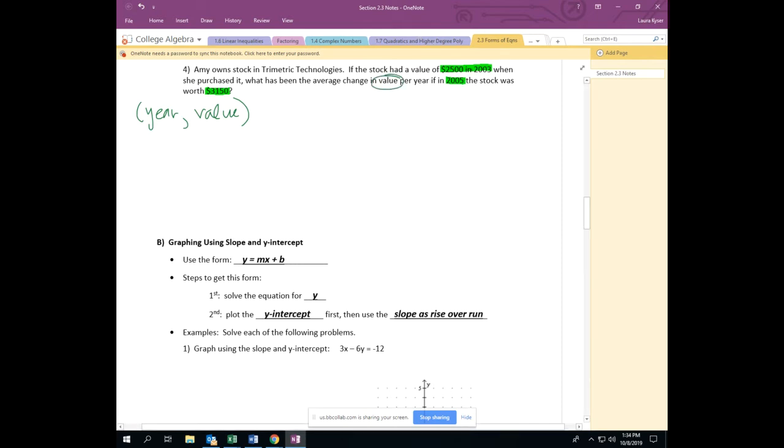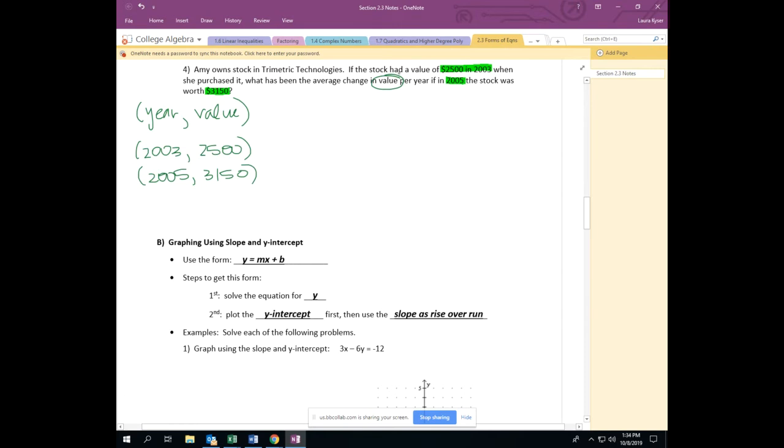So we're going to put the value on top, year on the bottom. Now I want to write these two ordered pairs, again, year, comma, value. So I'm going to use 2003, comma, 2,500. And the other one is 2005, comma, 3,150.